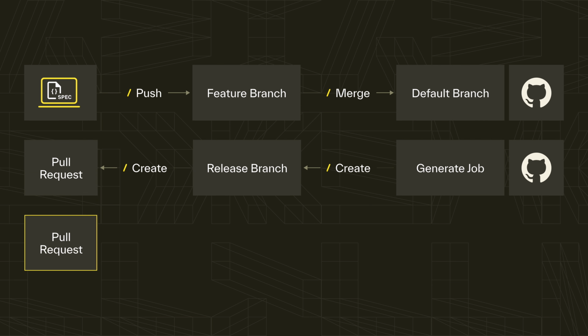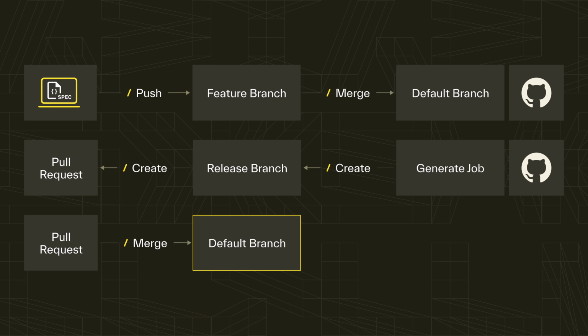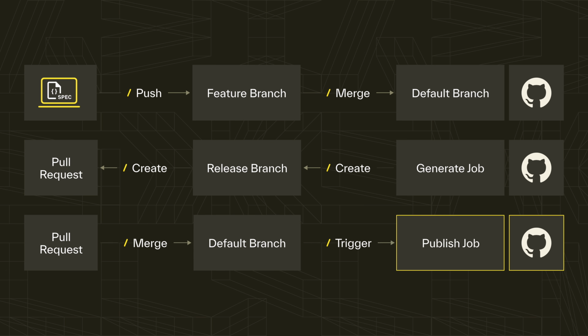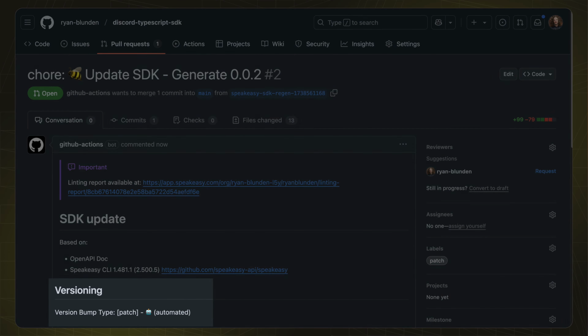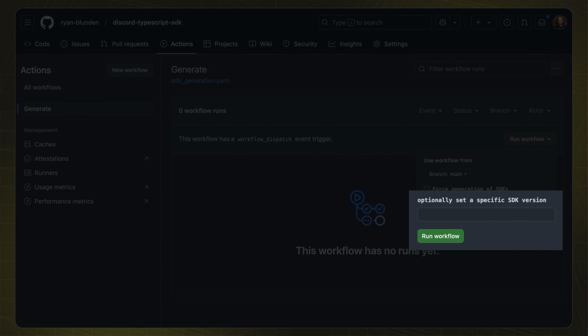Finally, the release pull request is merged into the default branch, triggering the publish job and pushing the release to the package repository. The version of each release is determined by the number and types of SDK changes, but you can override the version bump type or set the version explicitly when generating the release, which I'll cover later in this video.